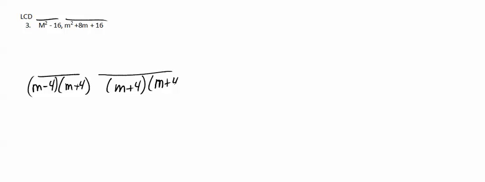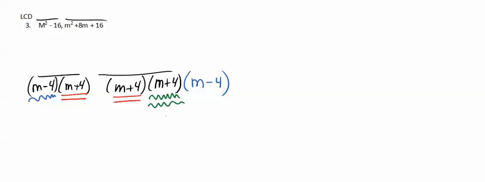and m plus 4. Now basically what you're going to do then is compare the two. You'll notice here I have m plus 4 and I have an m plus 4 here. But over here I have an m minus 4, but I don't have an m minus 4 over here. So what I'll be doing is I will be putting an m minus 4 to the other fraction. And over here, I'll notice that I have an m plus 4.